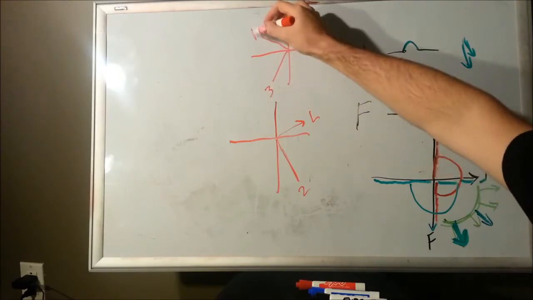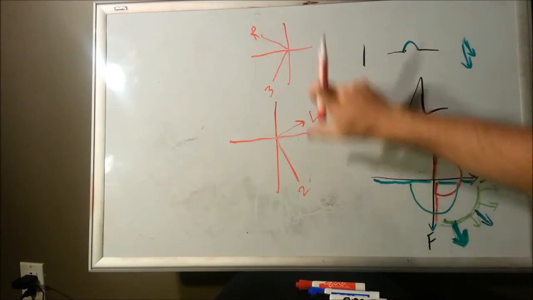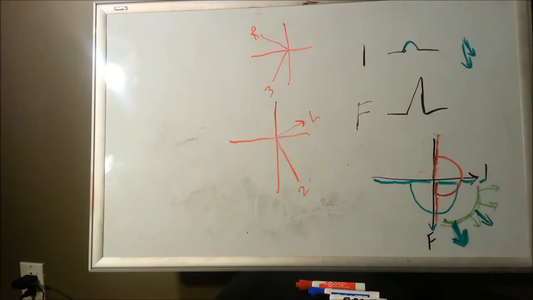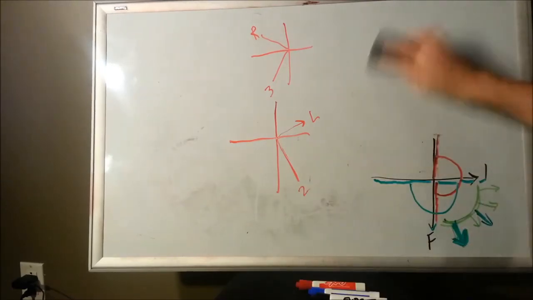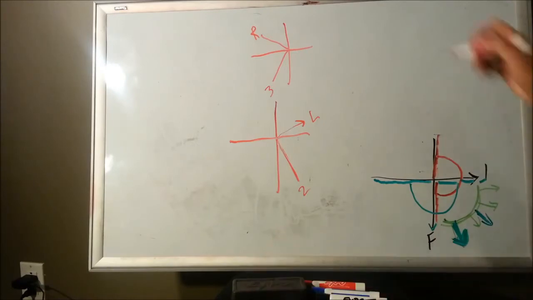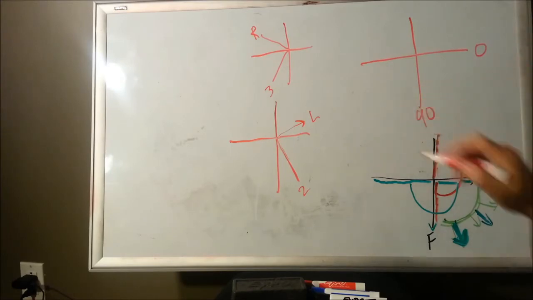So let's draw that. Using any of these combinations, if you look at 1 and F, 2 and L, 3 and R, if you compare those together, then you'll be able to figure out the general direction that the heart is in. So if you have a left axis shift, you've got 0 and you've got 90, it means that your left ventricle has hypertrophied due to hypertension or any other factors, really.